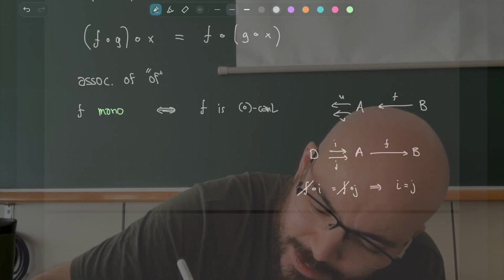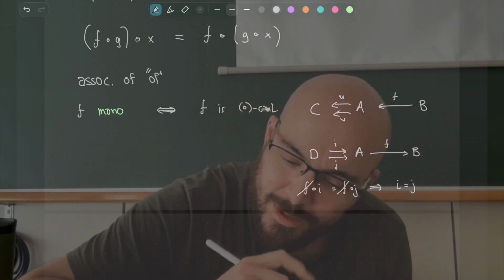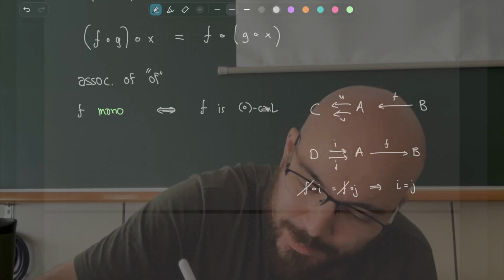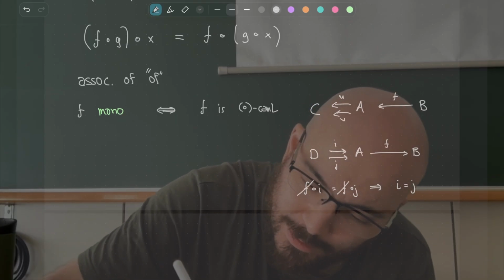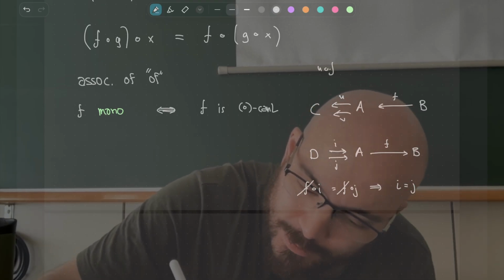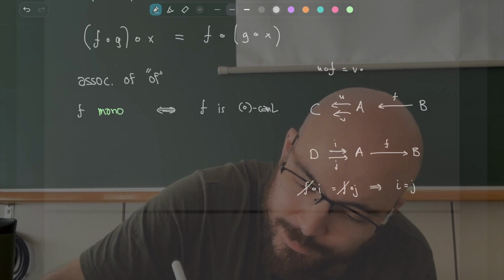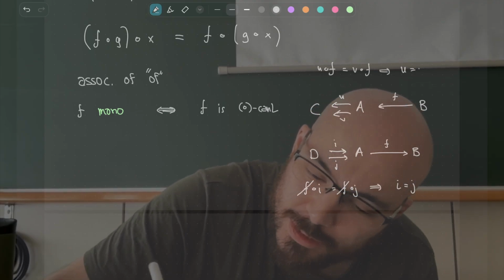And this will be some other codomain now called C. And now the law will be like, if you have, help me here, u of f is equal to v of f, this implies that u is equal to v.